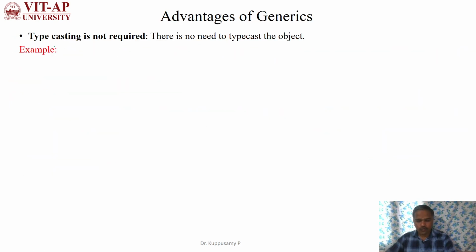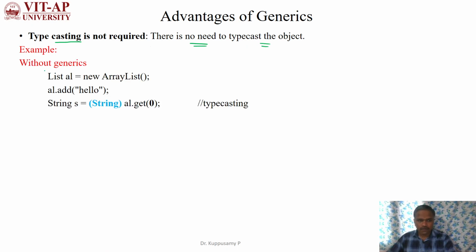Likewise, another advantage is that typecasting is not needed manually. All right, there is no need for typecasting the object manually. For example, without generics I am using the array list here. That means we did not mention the type of the object. Here I am adding the data to the object al. Then when I am storing this value into another String object, I use manual conversion, typecasting.